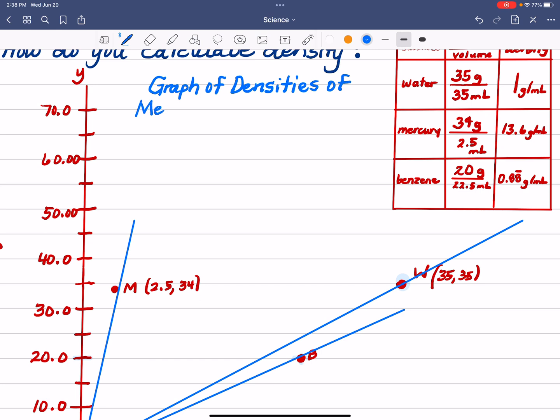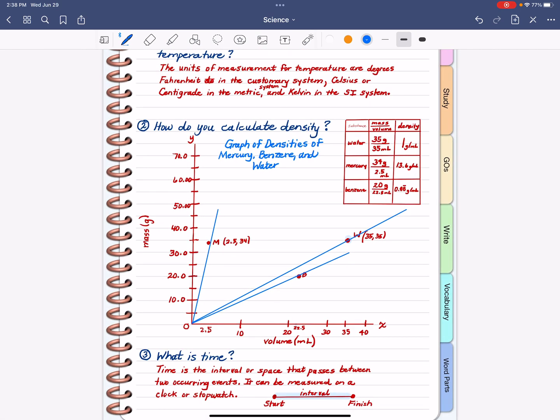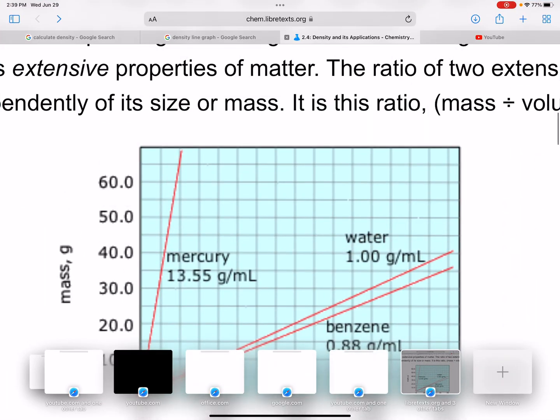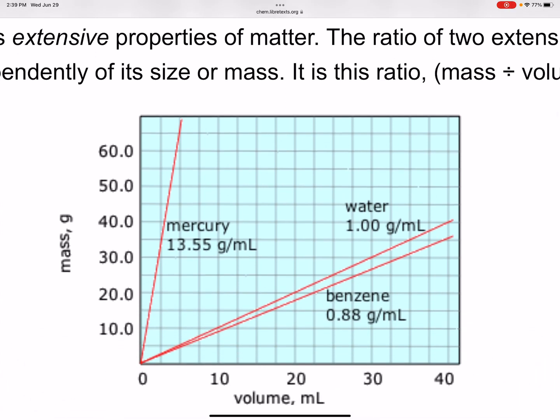I want you to look at the graph that we've drawn, and then I'm going to show you one if I can get back to it on the internet. This is where my idea came from. And you see that our graph and their graphs look just the same.